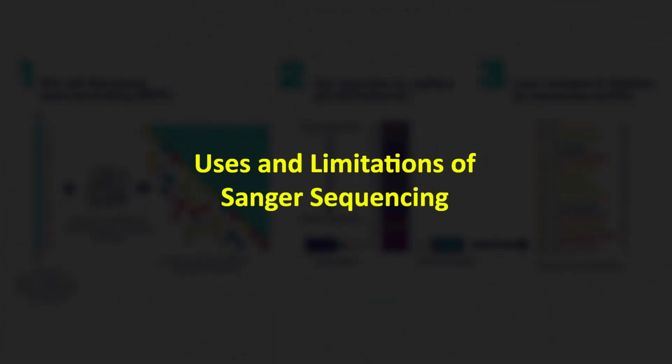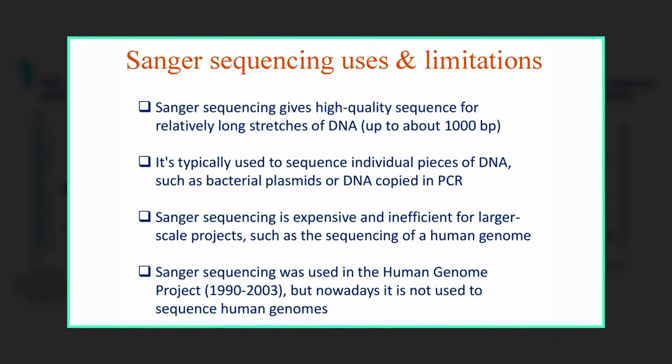Dear students, let's now discuss the uses and limitations of Sanger sequencing. Sanger sequencing gives high quality sequence for relatively long stretches of DNA. It's typically used to sequence individual pieces of DNA such as bacterial plasmids or DNA copied in PCR.